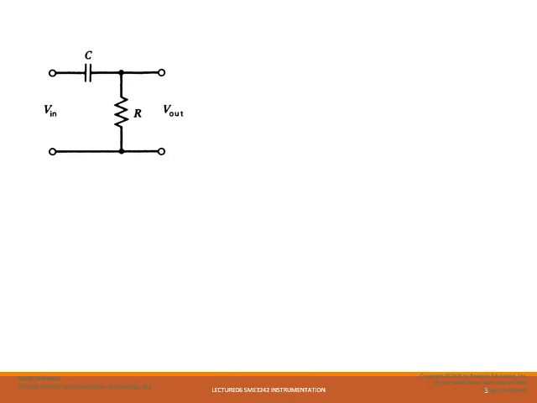Okay, let's derive the equation for the high pass filter. Similarly, we're going to use the voltage divider circuit, where the equation is Z2 over Z1 plus Z2 times V in.